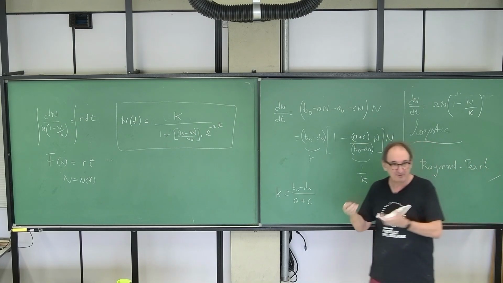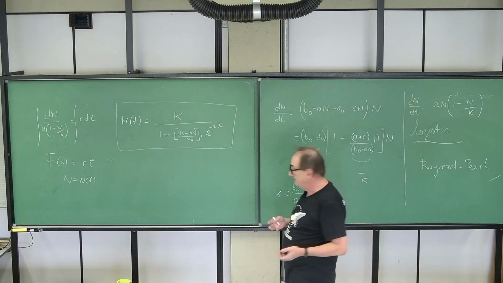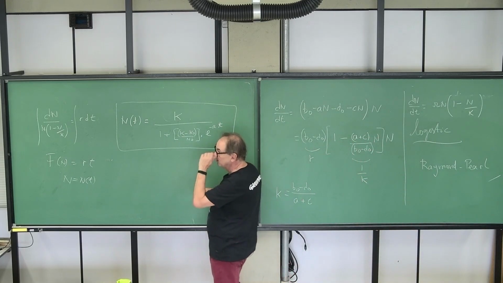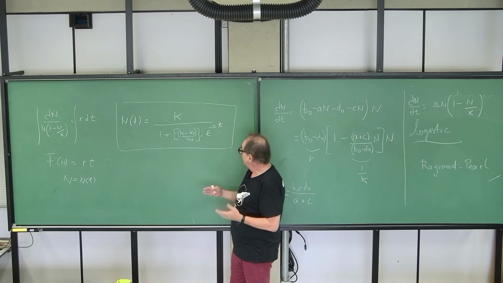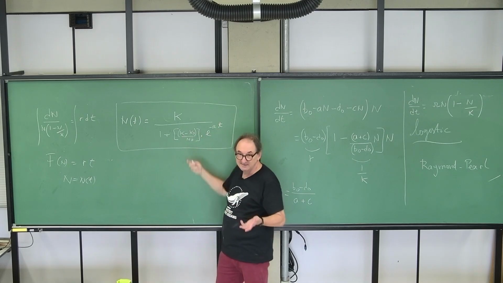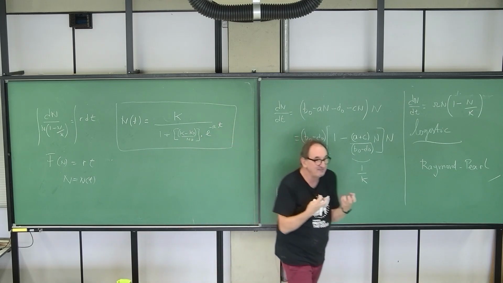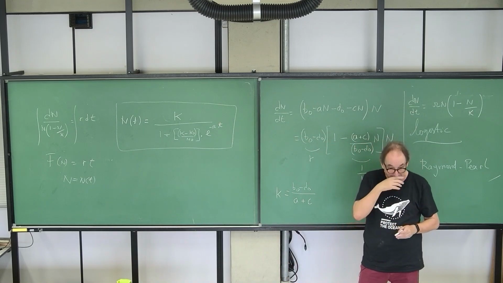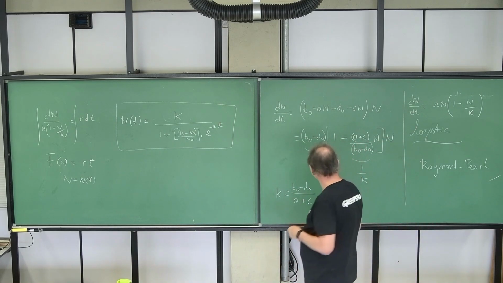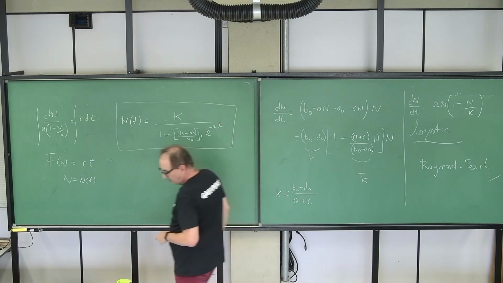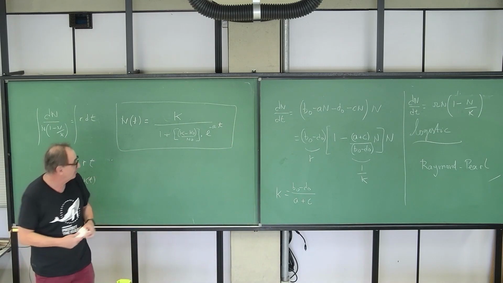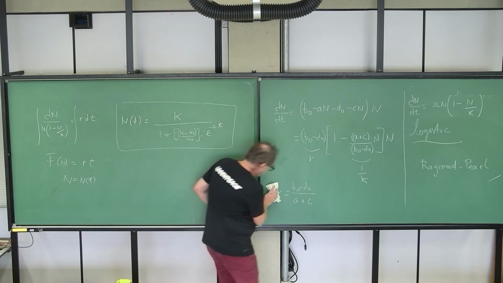In order to plot, I need to have numbers. Without numbers, I can't have plots. So I have to give r and k and n0 some numbers. If you do this, and usually you would do this on a computer, you will get the following general picture.